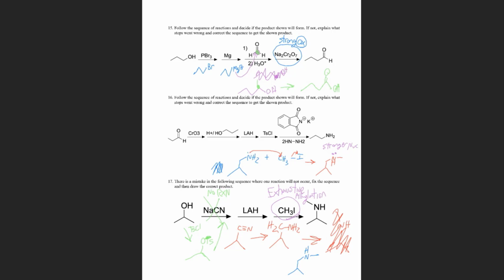So the answer that I drew was wrong. It's going to keep attacking this group until it cannot attack anymore. So I know I've almost run out of space. I'm going to choose a different color to make it obvious. Black. There we go.